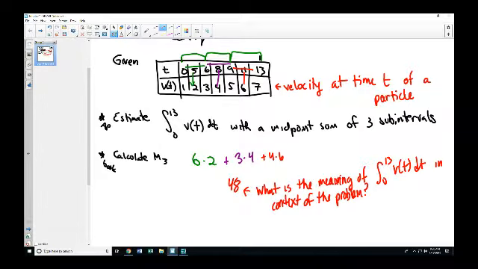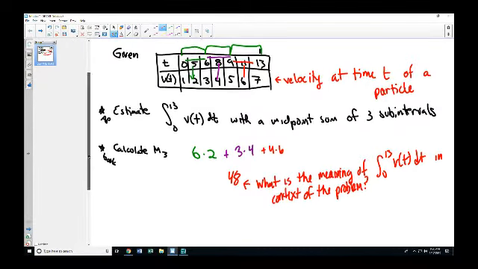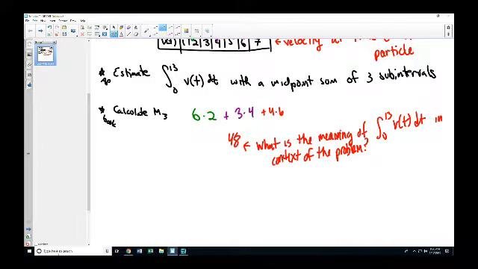So if I give you velocity information, what is the output of that calculation? What does it mean? Total moving travel. Yeah.